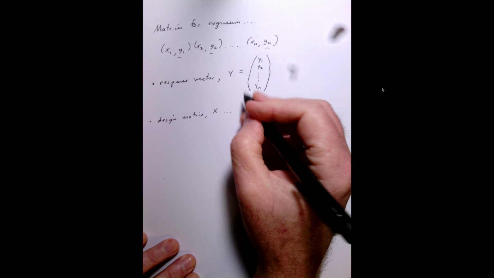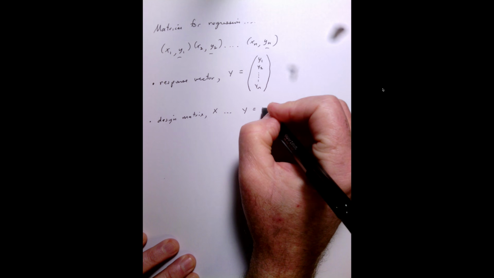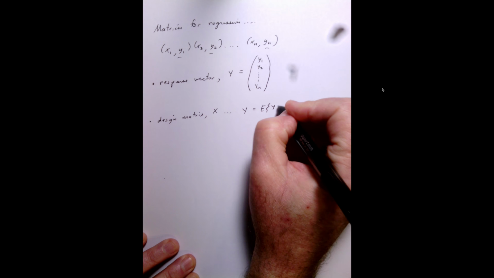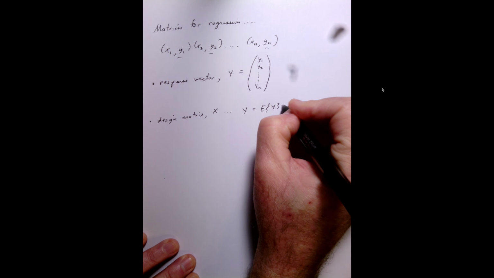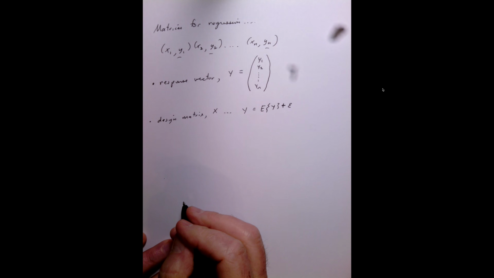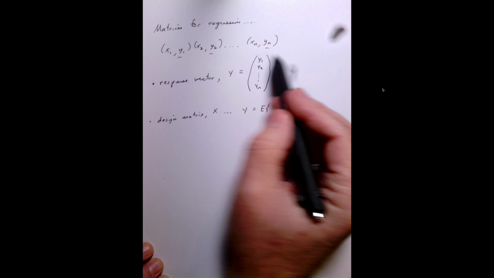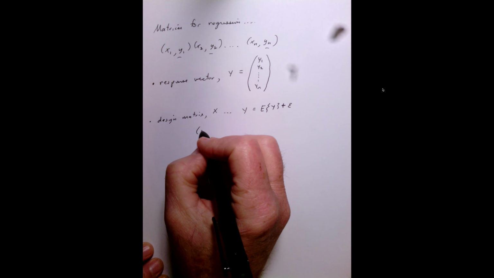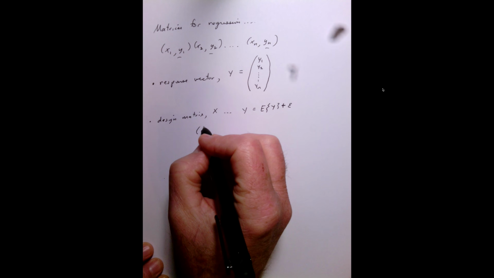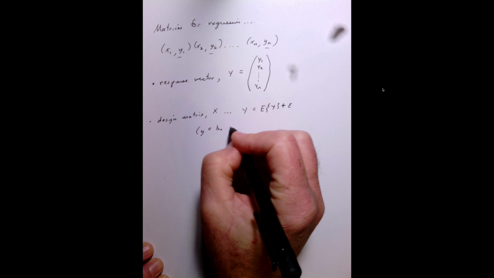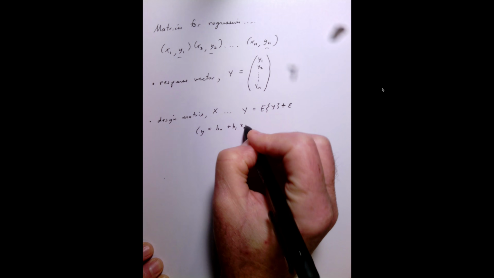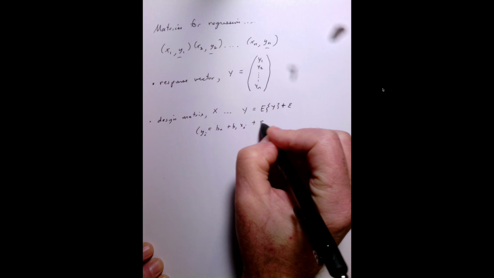Now, the next thing we want to look at is our design matrix X. Now, recall that our y value is equal to the expected value for y plus the error term. So again, let's say that we have y equals beta 0 plus beta 1 x sub i plus an error term.